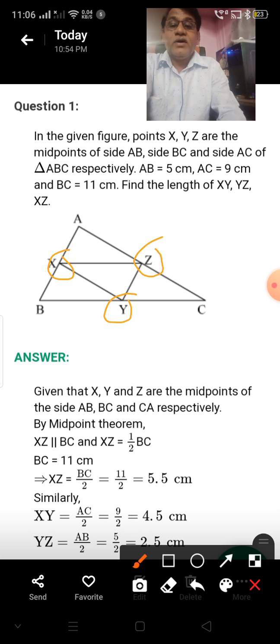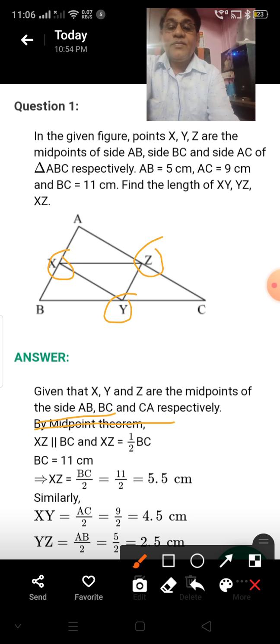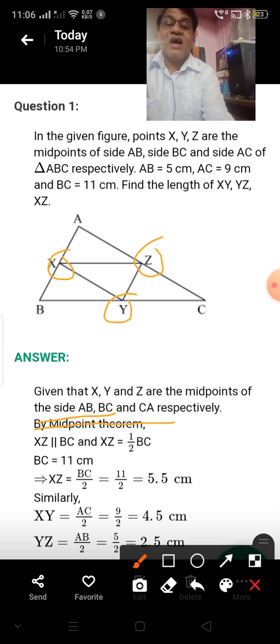Now you have to find the measures of XY, YZ and XZ. Given that X, Y, Z are the midpoints of the sides AB, BC and AC respectively, here you can use the midpoint theorem. XZ is parallel to BC and XZ is half of BC. It means if XZ joins the midpoints of AB and AC, then it is parallel to the third side and half of the third side. So XZ is parallel to BC and XZ is equal to half of BC.